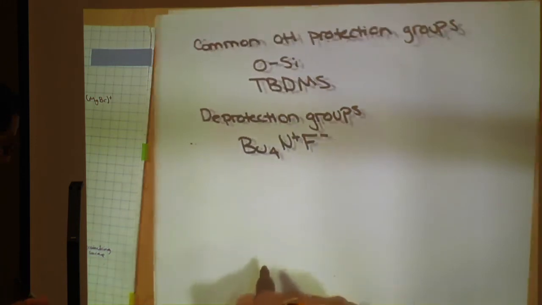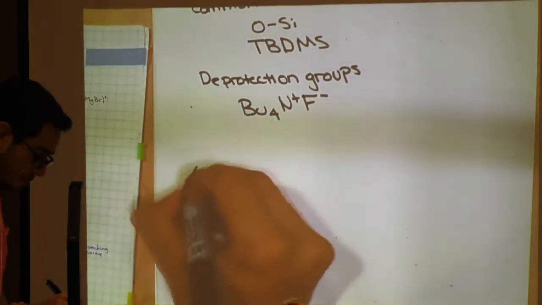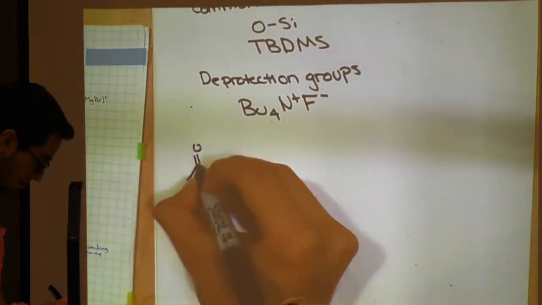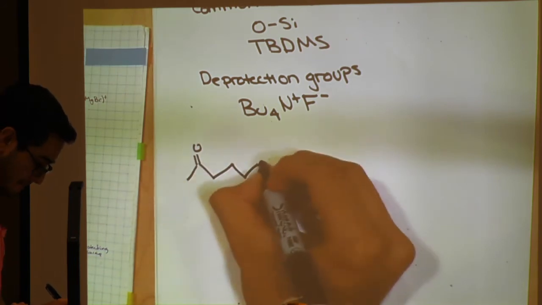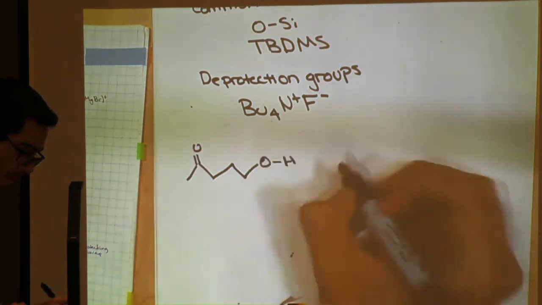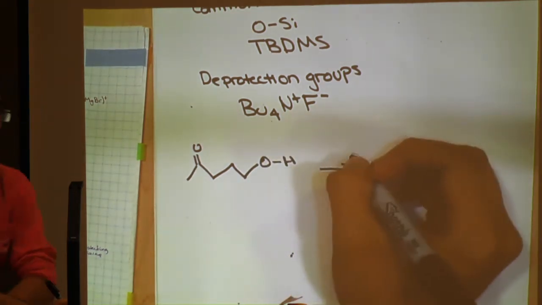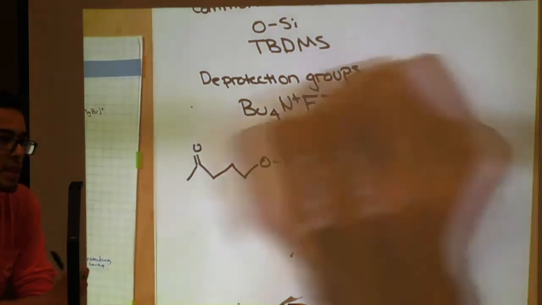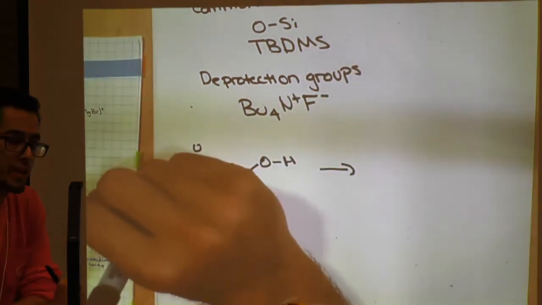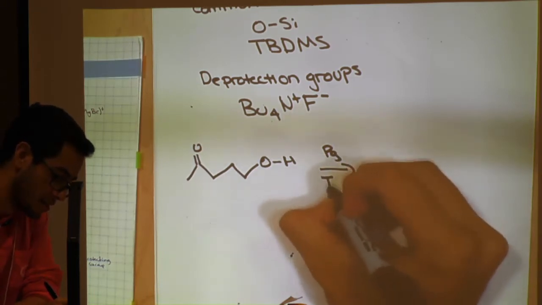So if we're going to show a reaction with that, for example, I'm going to go ahead and add on my protection group. You may see it as PG. PG also stands for protection group, or you may be given the specific one, such as TBDMS.